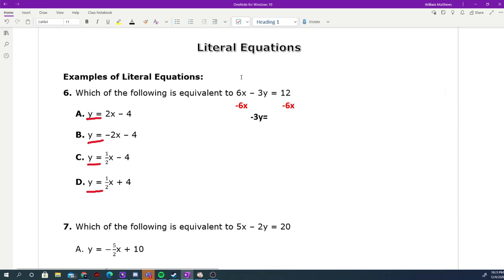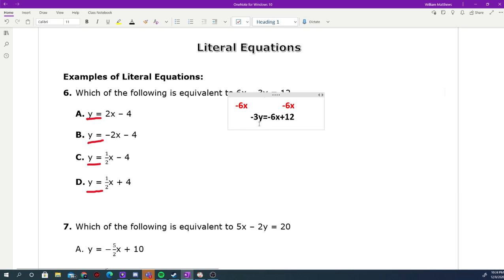So just like the start where 6x was a separate term from our y term, we're going to do the same with 12 and negative 6x. Negative 6x plus 12. Now, the reason why I put the x term first is one, that's where it consistently is going to go, and two, that way it matches up with my answers.